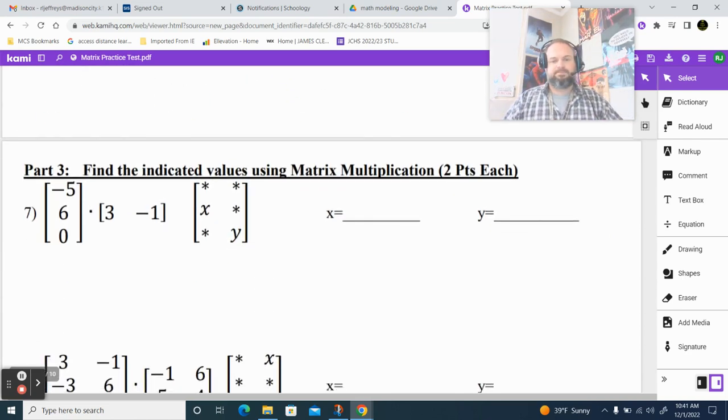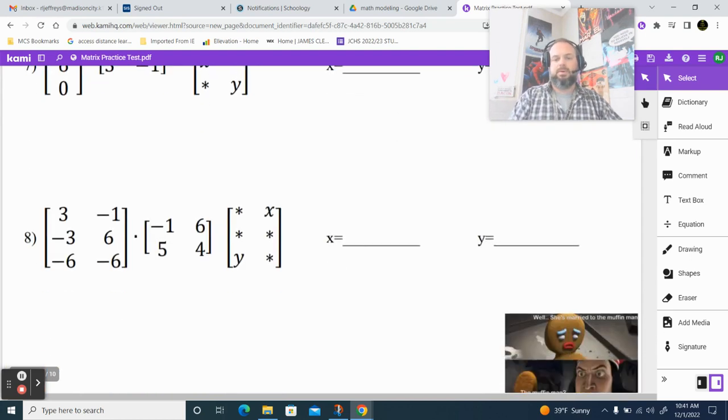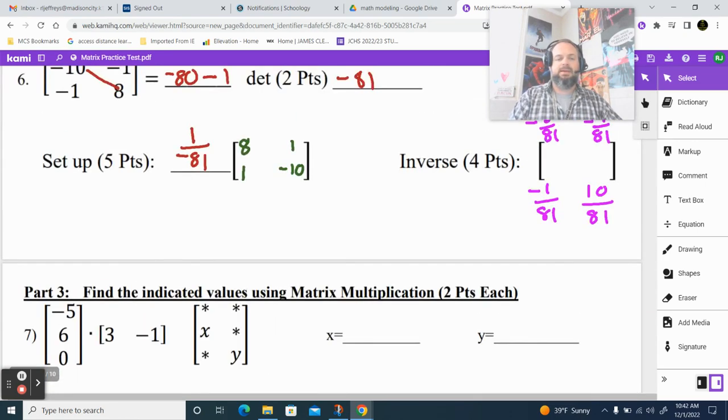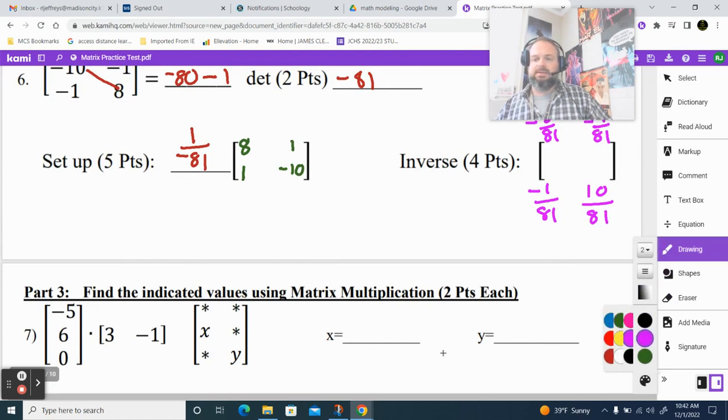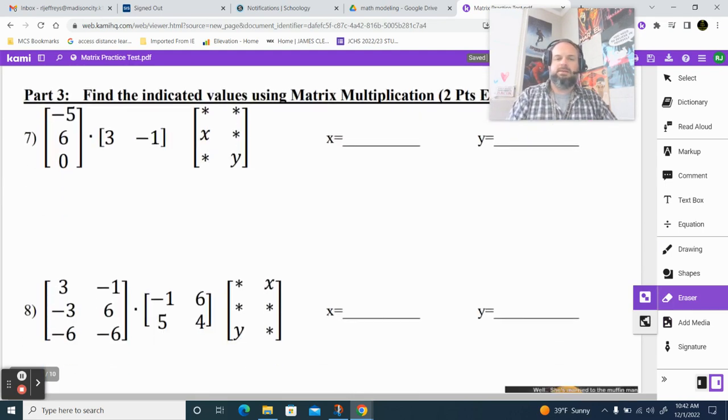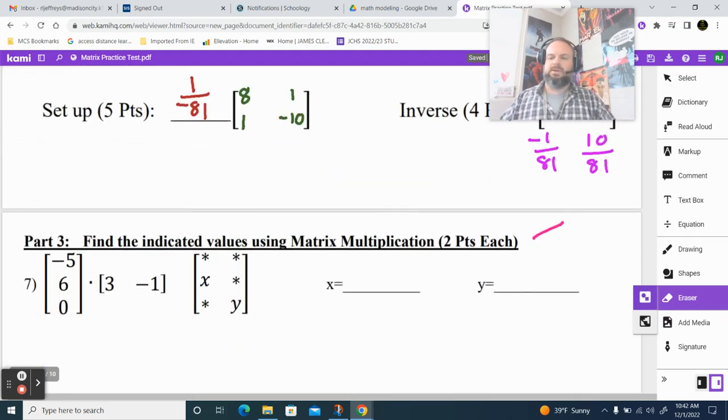Now, these are 2 points each. So 2, 4, 6, 8, 10. Believe it or not, this section is out of 10. Nope, it's not 10. 2 times 4, this is out of 12.